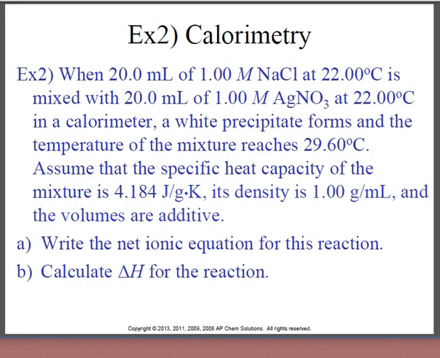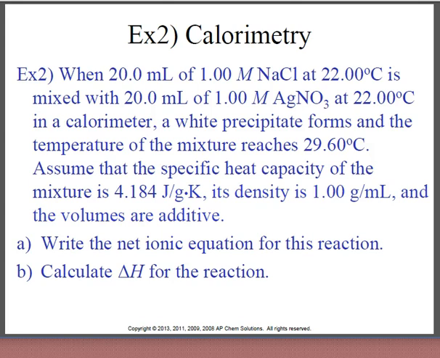All right, another experiment. We have 20 milliliters of sodium chloride at 1 molarity, and it's at 22 degrees Celsius. And we mix it with some silver nitrate, in the exact same proportions at the same temperature. When we do that, a white precipitate forms.